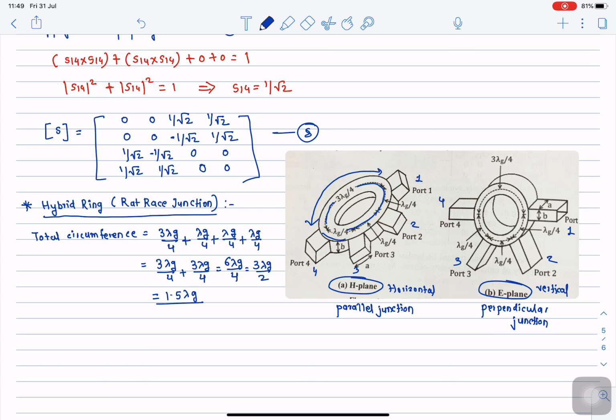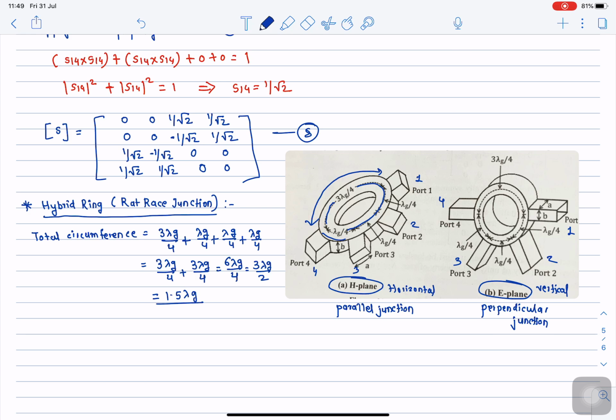The adjacent port to port number 1 is port number 2, and from the other side, the adjacent port to port number 1 is port 4. So port 4 and port 2 are also automatically matched when port 1 is matched. So what is the meaning? When one port is matched, its adjacent ports from the two sides are also assumed to be matched.